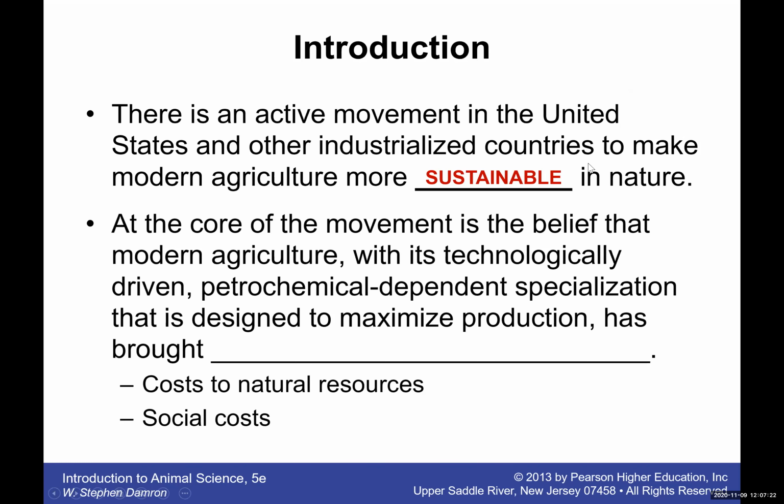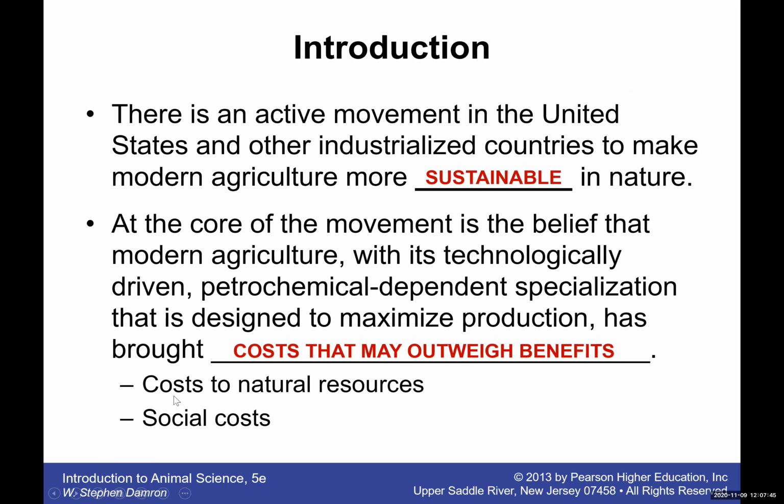The main belief is that these technology-driven, petroleum-dependent, specialized production systems that have been made to maximize animal production have brought up many costs that actually outweigh the benefits that we're seeing from the systems.